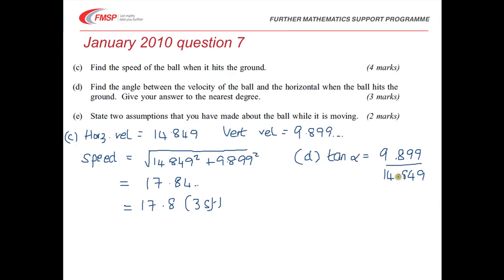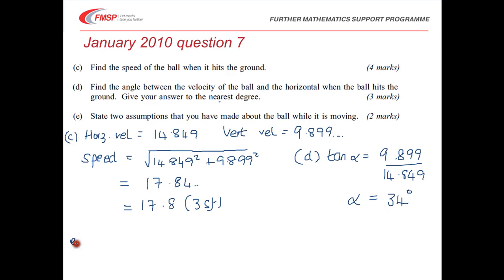And again, just checking on your calculator and giving your answer to the nearest degree, that turns out to be 34 degrees. It was 33.69, but as I say, the question did specifically say to the nearest degree.